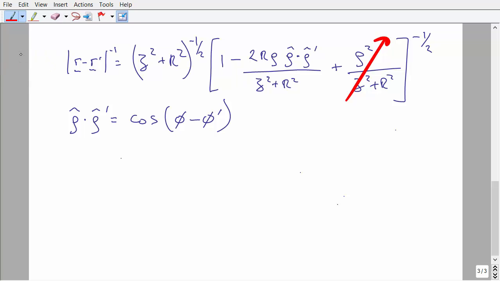Okay, so now I can substitute this expression up into here, and I can do the expansion. So let's do that. We've done expansions like this before.